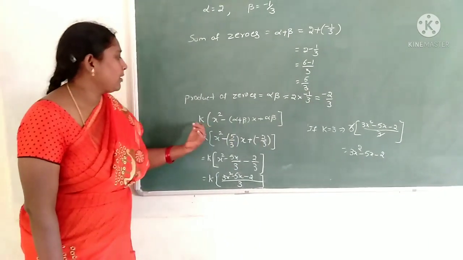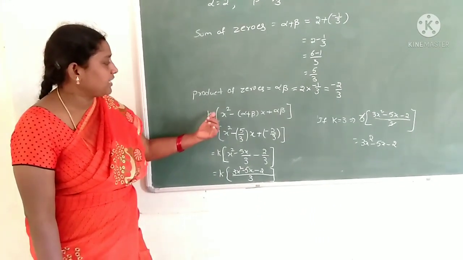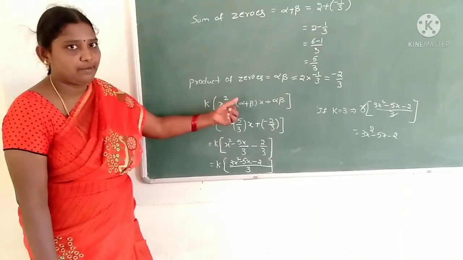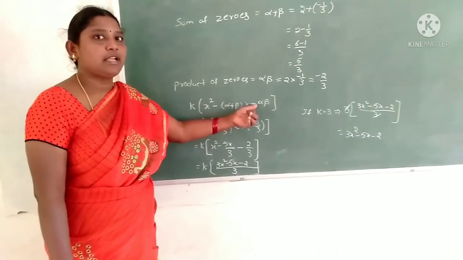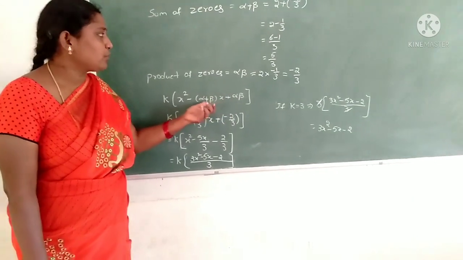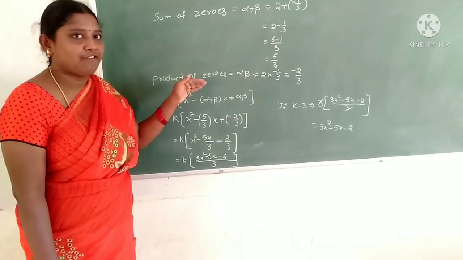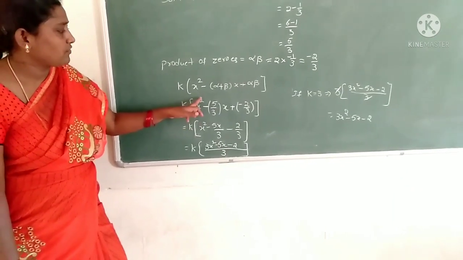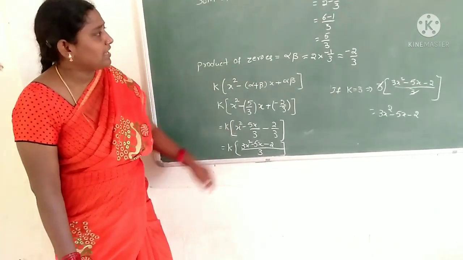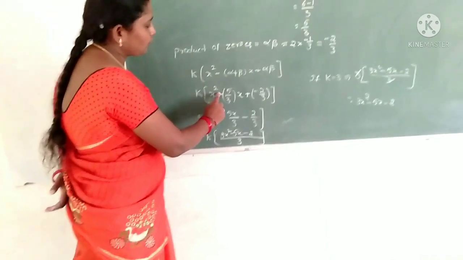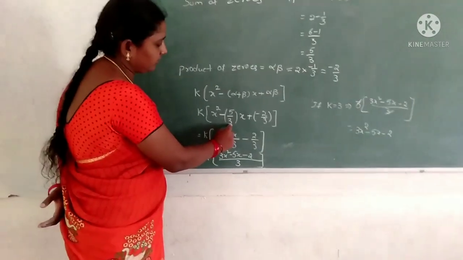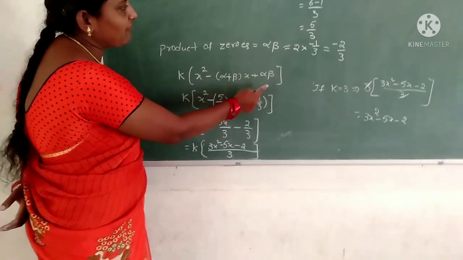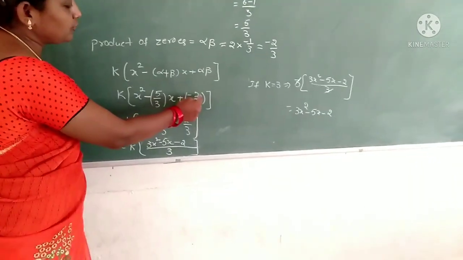The quadratic polynomial is k into x square minus alpha plus beta x plus alpha beta. So we substitute the alpha plus beta and alpha beta values in the polynomial. So k into x square, alpha plus beta value 5 by 3, so minus of 5 by 3 into x plus alpha beta value minus 2 by 3.